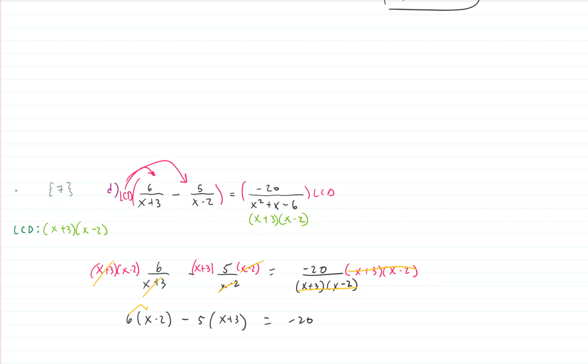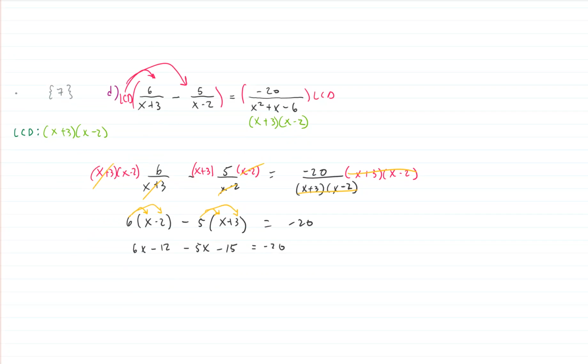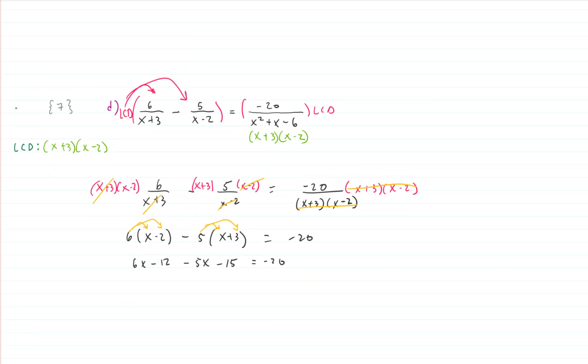Now we need to distribute the 6 through and the negative 5 through on the left. And when we do, we get 6x minus 12 minus 5x minus 15 equals negative 20. And negative 12 and negative 15 give us negative 27.